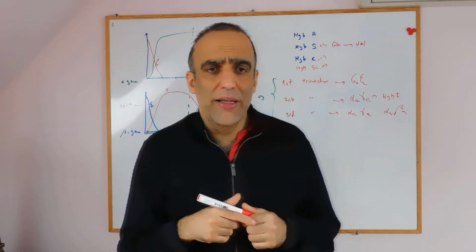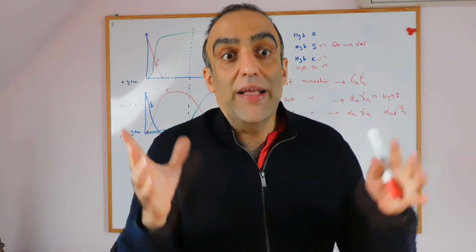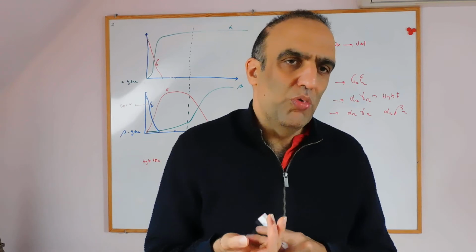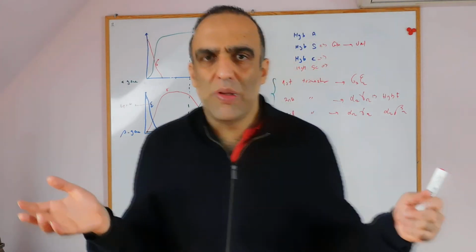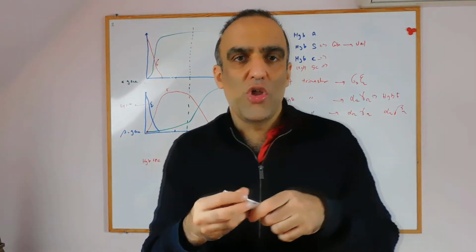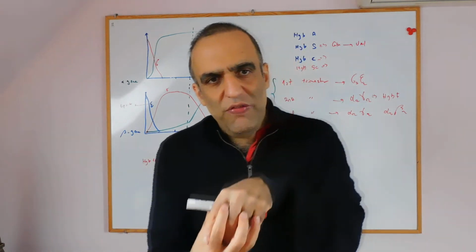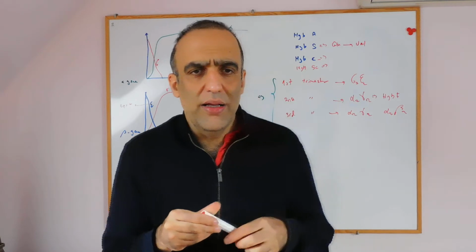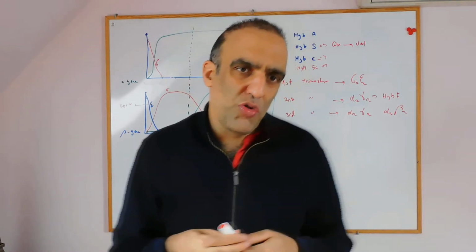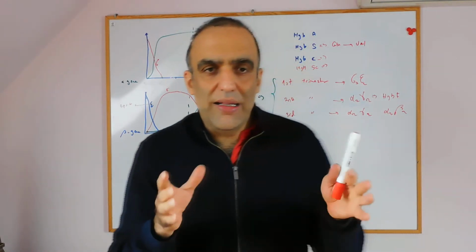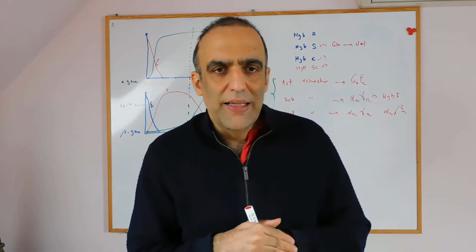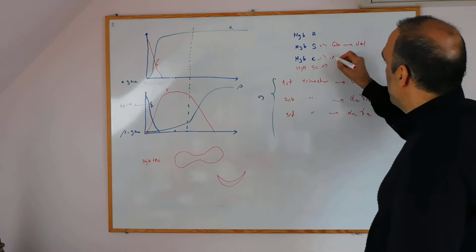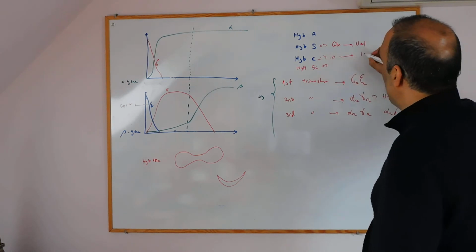Hemoglobin C can be caused mainly by mutation, usually a point mutation, because in a point mutation, as you know in biology, just one amino acid is changed. In hemoglobin C also, because of the point mutation, in the beta subunit, glutamic acid changes to lysine.